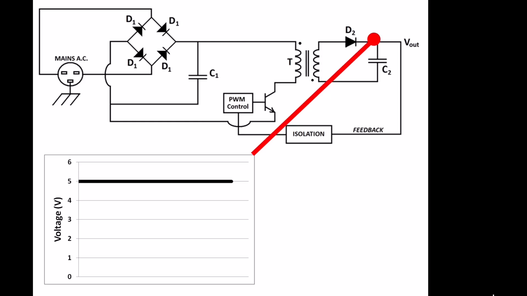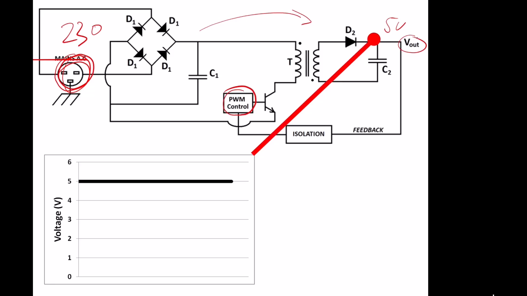Because this is high voltage, this has the potential of electrocuting somebody. This is our user side, which is 5 volts, which should be safe, but what we need to ensure is there's no way that this high voltage, this 230, can somehow get across to this side. The problem we have is this output voltage needs to be monitored by this PWM control of the switch to regulate the output.